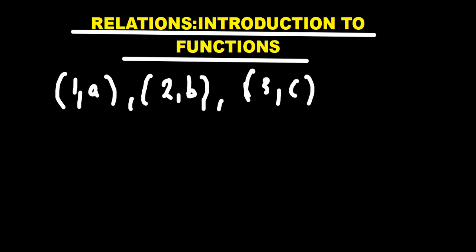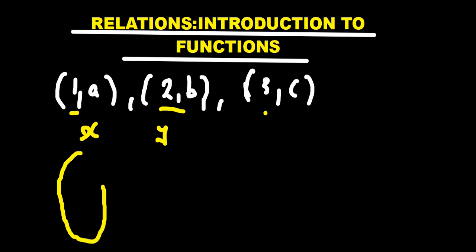In this case, how are you going to map these? Let's say this is x and this is y. Your x values in this case are the numbers 1, 2 and 3. Let's put them in a circle, or an oval, like that. Then these will be our y values.